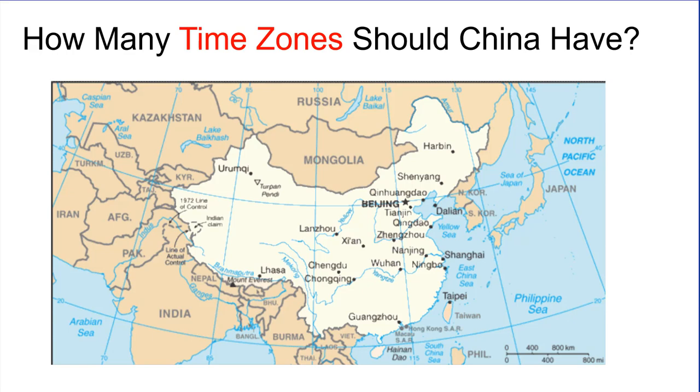All right, so how many time zones should China have? So this is China. I usually go to China every summer. But because something special happened in Wuhan this summer, I'm not going to be able to go. But usually when I go, I go to Guangzhou. Guangzhou is right next to Hong Kong, which I've only been in the airport, and Macau. And I did a visa run to Macau once because I almost overstayed my visa by a day, and that's not cool.